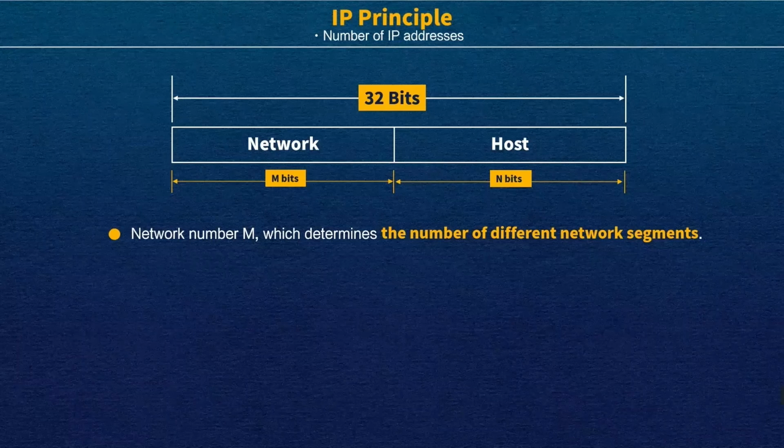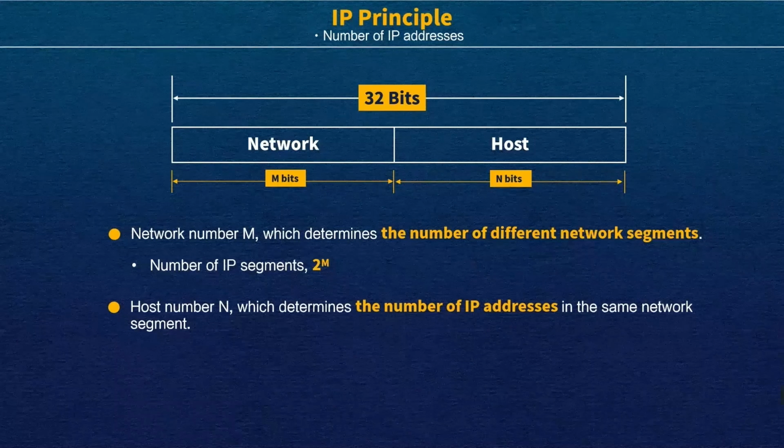How to calculate the network number, how many segments we can use? The formula is like this one. Number of IP segments, 2 to the power of n. That's the n that will decide how many network segments you can use. Okay?